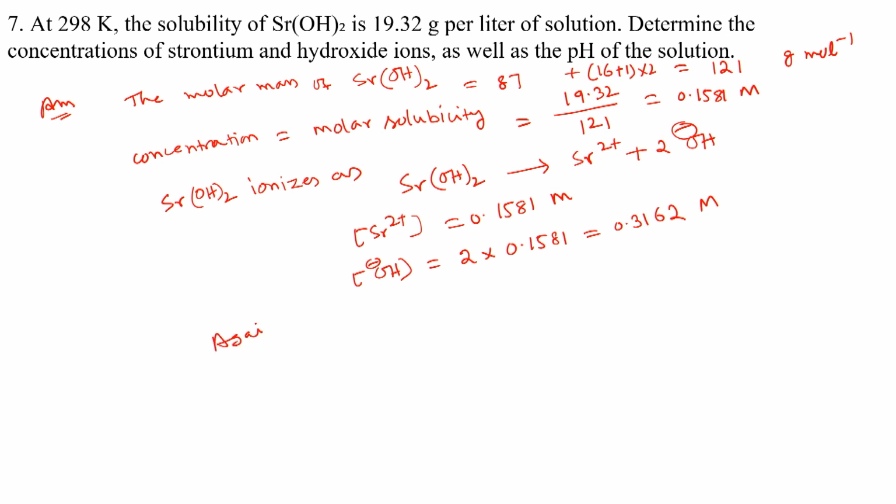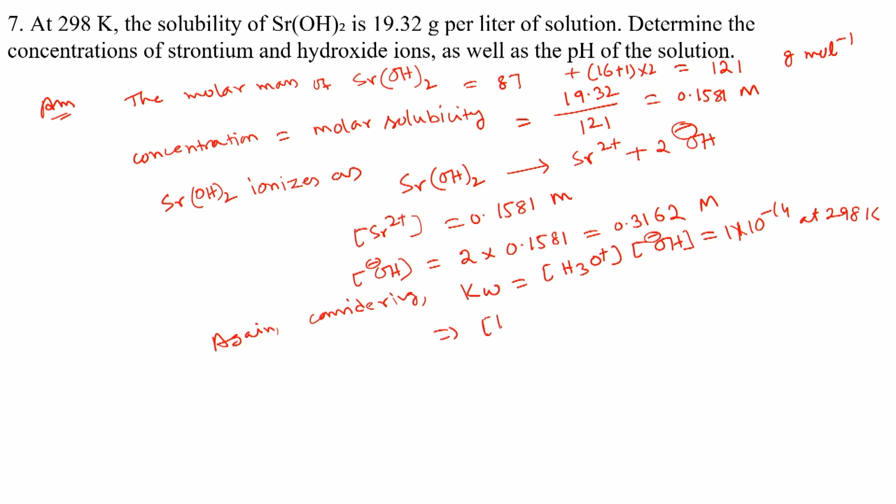Again, considering Kw, which is concentration of H3O plus times concentration of OH minus, is 1 times 10 to the minus 14 at 298 K. So we get concentration of H3O plus is Kw by concentration of OH minus.